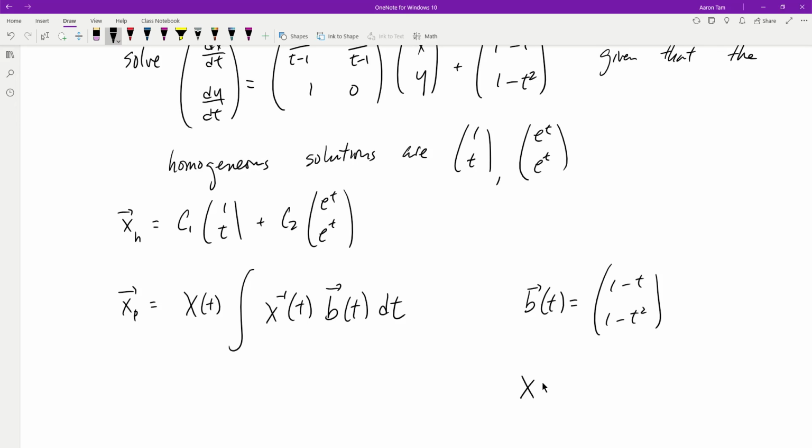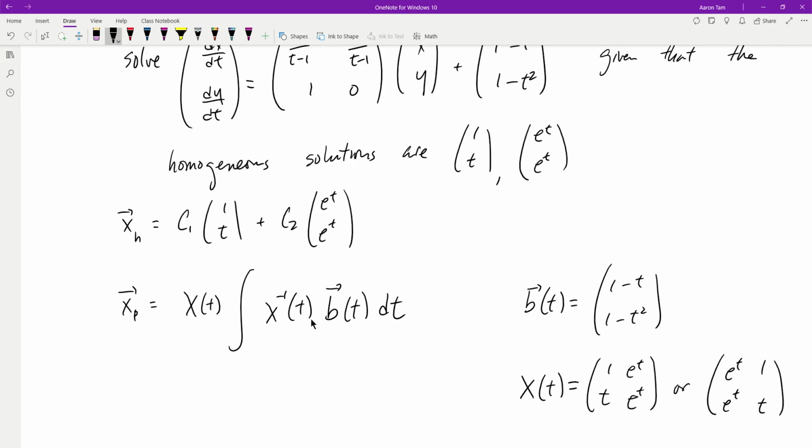Our matrix X is our fundamental matrix. I can form the fundamental matrix by combining the homogeneous solutions together. There are basically 2 choices. I could use [1, t] and [e to the t, ...]. Remember, we use the homogeneous solutions as columns. Or I can do the e to the t one first and then [1, t]. Either of those 2 would work.